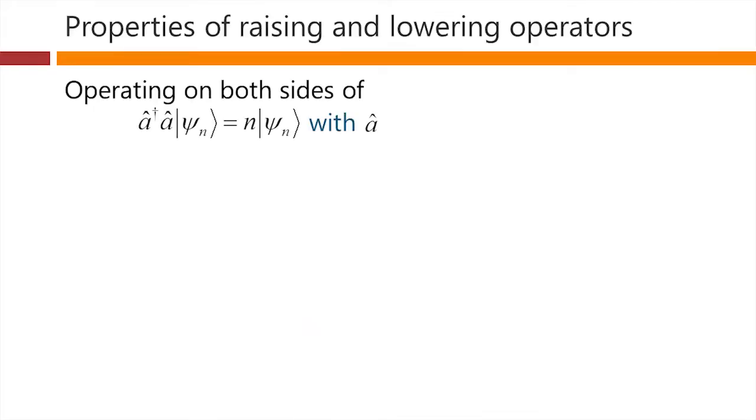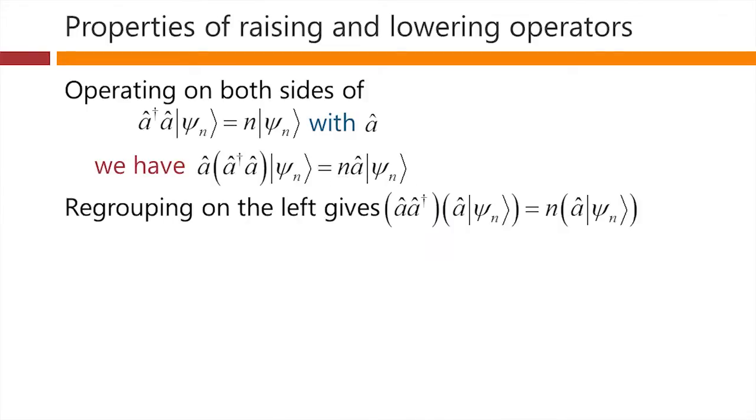If we operate on both sides of this number operator expression with A, the annihilation or lowering operator, we have A operating on A dagger A operating on psi n is equal to n times A operating on psi n. We can regroup on the left, simply moving the parentheses here, so we've got A A dagger operating on A psi n is equal to n times A psi n.